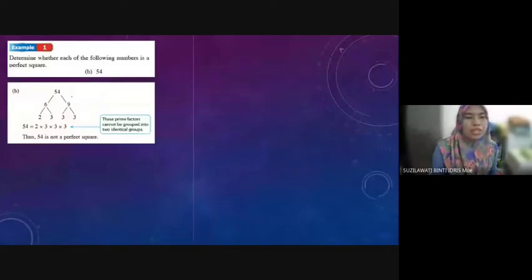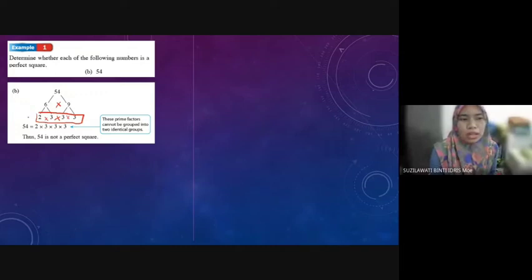But how do you prove that 54 is not a perfect square? Once again, you use prime factorization. Look at this. 6 multiplied by 9 equals 54. 2 multiplied by 3 equals 6. 3 multiplied by 3 equals 9. And you get here 2 multiplied by 3, multiplied by 3, multiplied by 3.